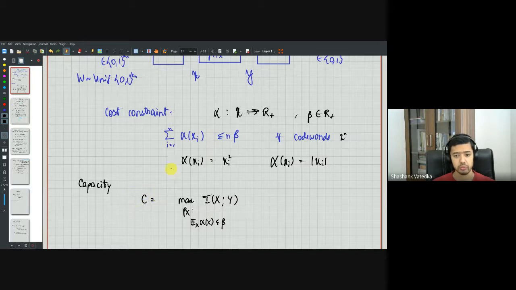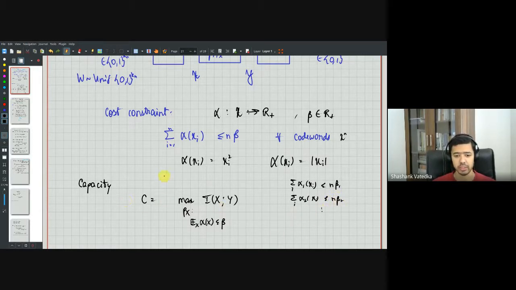Now suppose that you want to satisfy multiple constraints. So let us say that you want the summation over i of alpha 1 of x_i to be less than or equal to n times beta 1, the summation over i of alpha 2 of x_i to be less than or equal to n times beta 2, and so on.